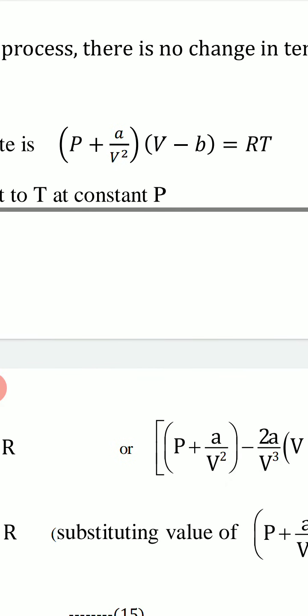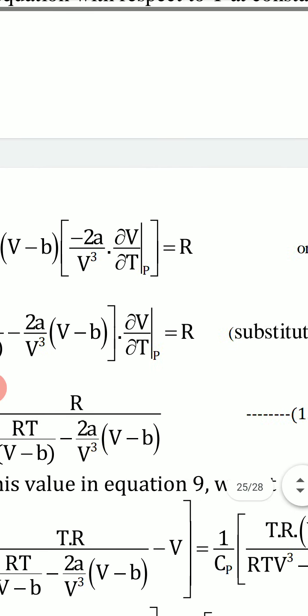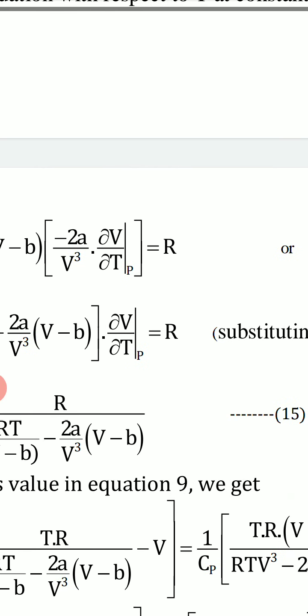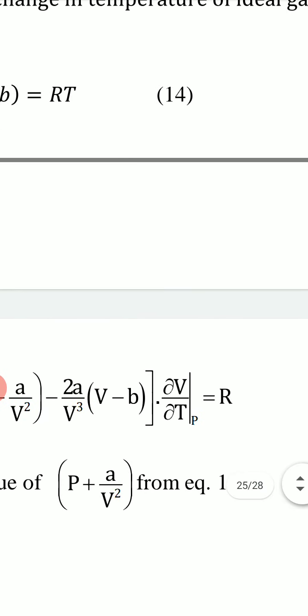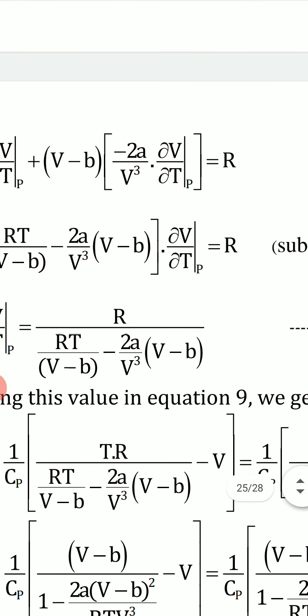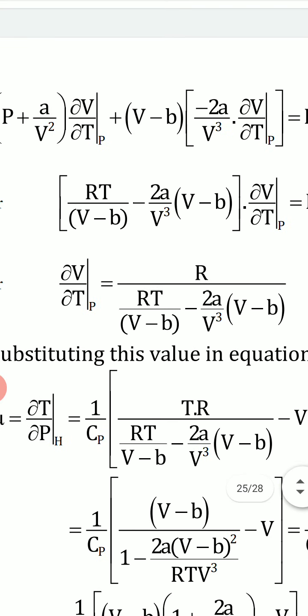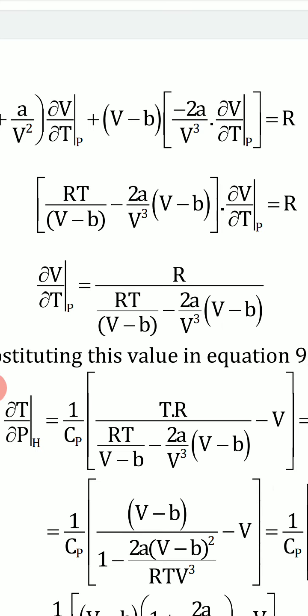In the first we have P constant, its differentiation is 0, and differentiation of A upon V square is minus 2A upon V cube delta V upon delta T at constant P. And in the right hand side we have RT, R is constant, so this differentiation becomes R. Take delta V upon delta T common.